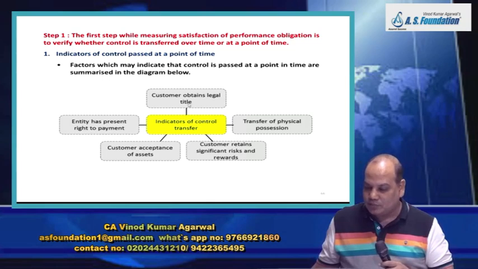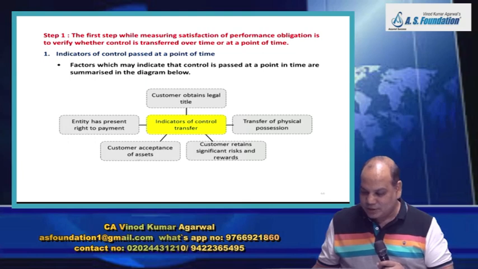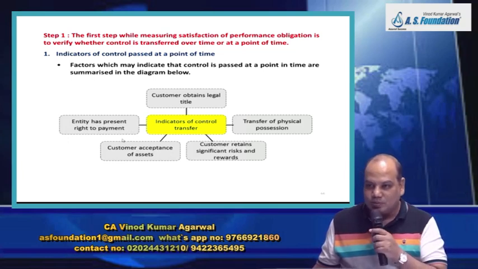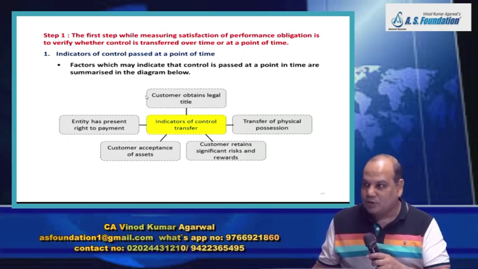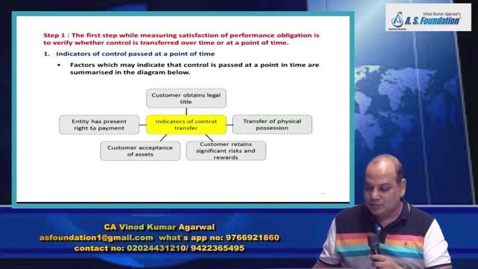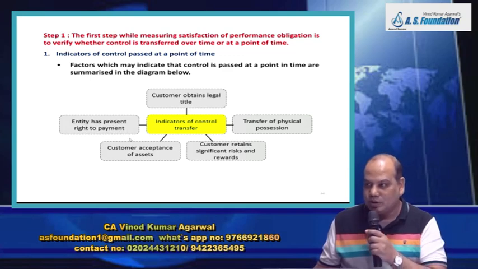So, point of time: when the customer obtains the legal title, transfer of physical possession, customer retains significant risk and reward of ownership, customer's acceptance of the asset, and the entity has the present right to payment. Okay, five points again: customer obtains legal title, physical possession, risk and reward, acceptance of the asset, and the entity, that is the entity which is selling that asset, has a present right to payment.